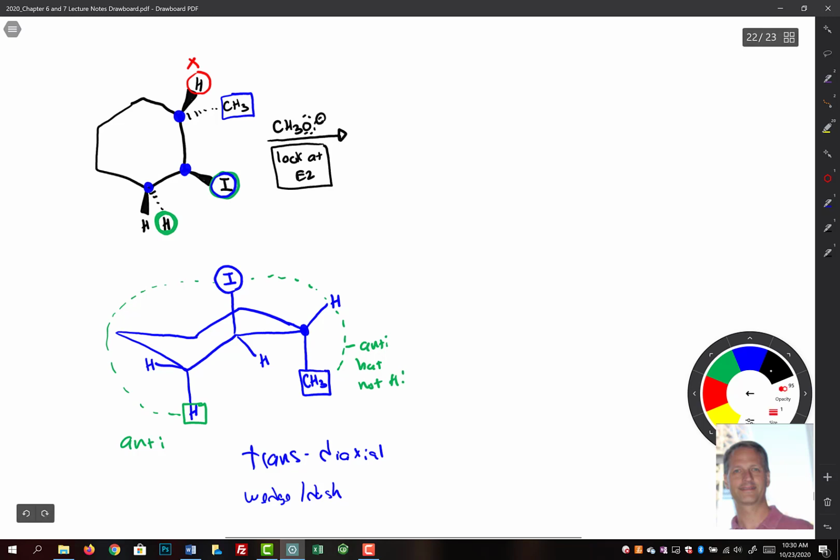So reaction-wise, this is going to swing around and it's going to grab that particular H, form a double bond, and kick off our leaving group. This is a real common type of question to show up on standardized tests. It's testing to see whether or not you remember the stereochemical requirement for carrying out this reaction.